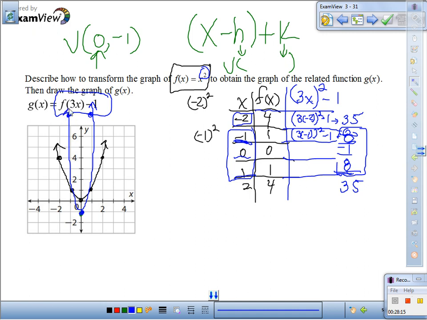So what just happened to it? It stretched, didn't it? Vertically. How we doing?